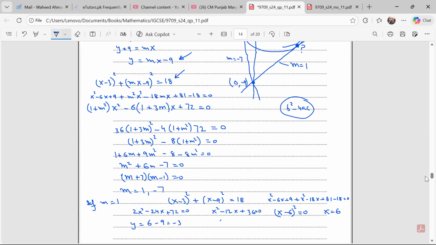So the point of intersection is x equal to 6 and y equal to minus 3. This is the point I'm talking about here, 6 and minus 3.